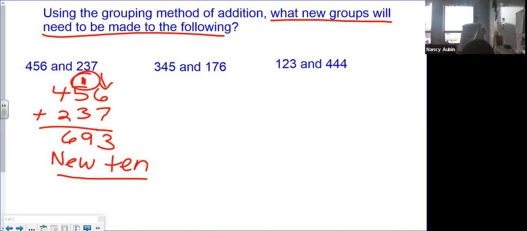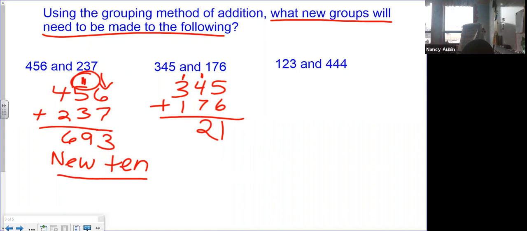Okay, let's do this one together. Go ahead and stack it. 345 plus 176. Let's see what new groups we're going to make. 5 plus 6 is 11. I'm going to make a new group. 1 plus 4 plus 7 is? Am I going to make a new group?